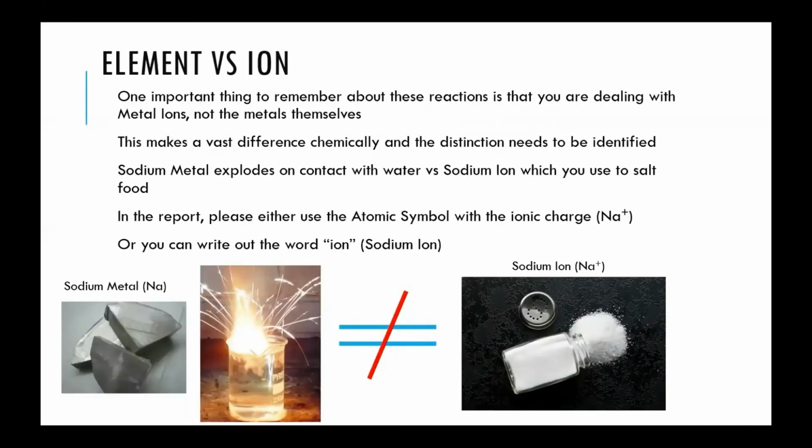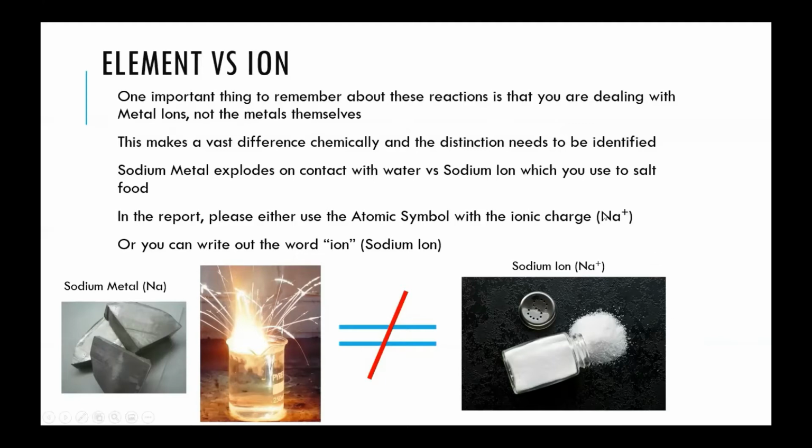One thing that's very important to know in this experiment is the fact that you're looking at metal ions. These metal ions are different from the metals themselves. So in the case of something like sodium chloride, you are looking at the reaction and precipitation patterns and solubility of the sodium ion and the chloride ion.